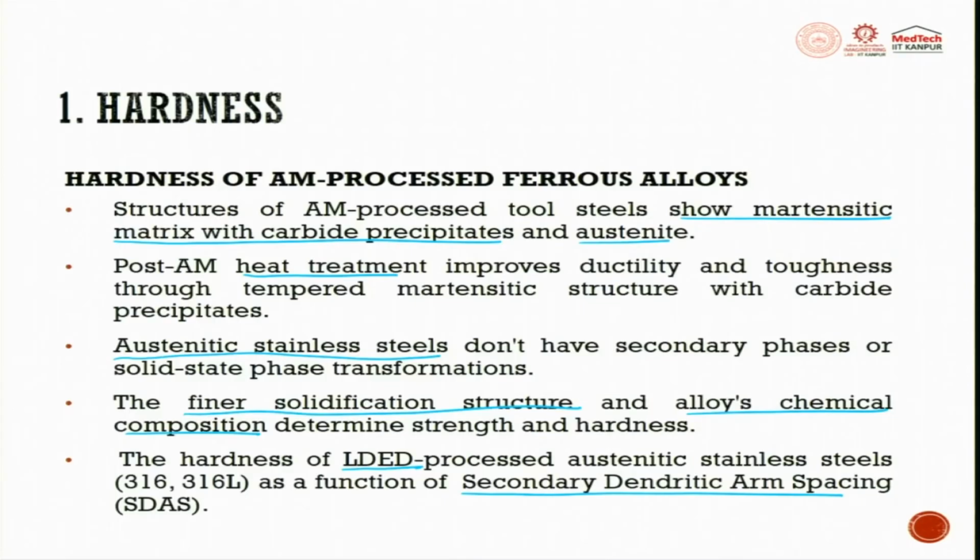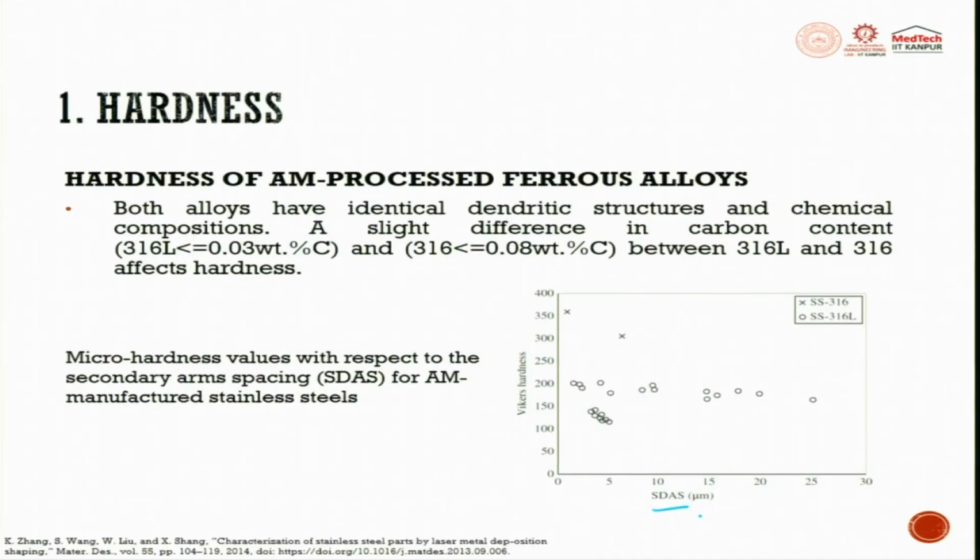SDAS is secondary dendritic arm spacing, which is in microns. With respect to Vickers hardness, you can see the plots which are there.